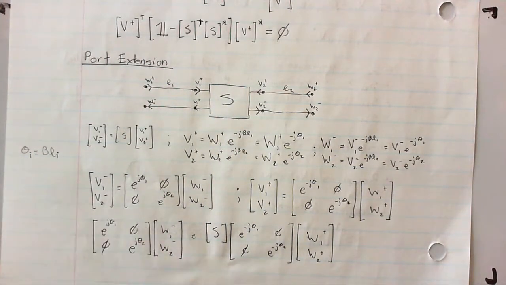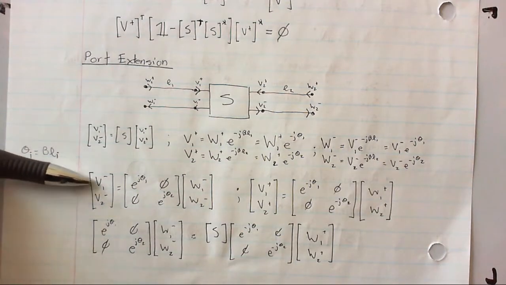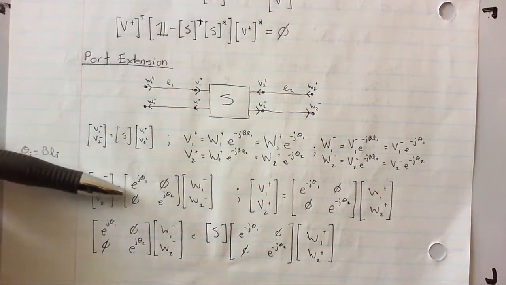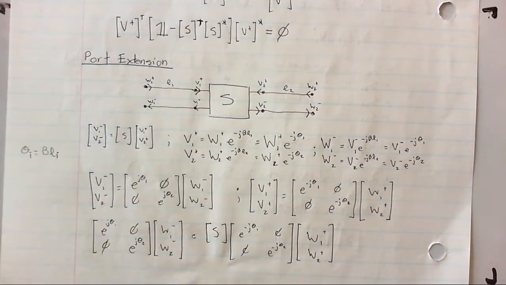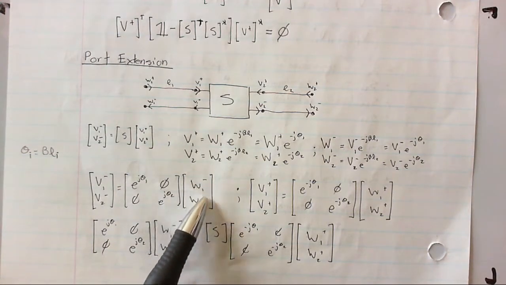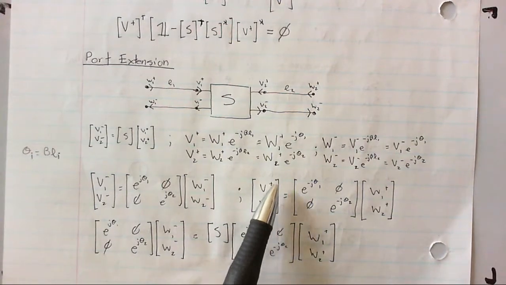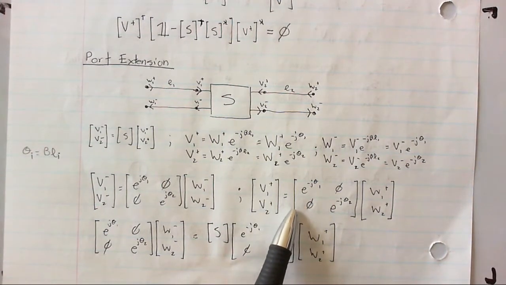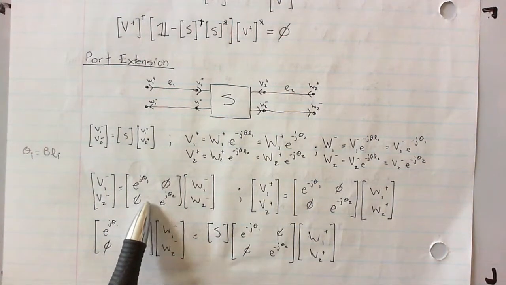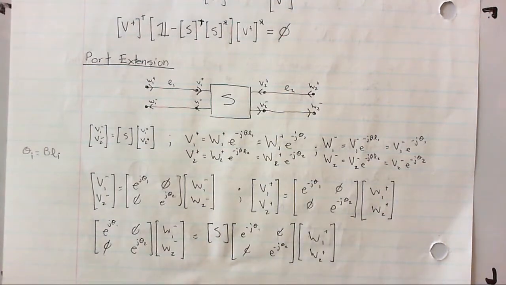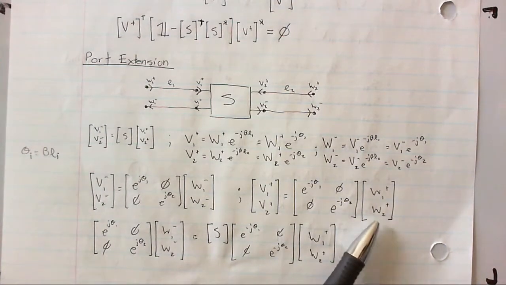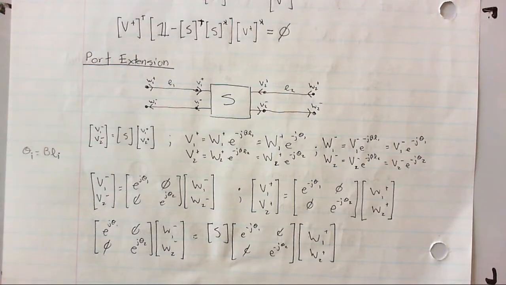So writing this down in matrix form by taking all of our equations here and condensing them, we get that V1 minus and V2 minus is equal to this matrix right here, which is just a diagonal matrix, times W1 minus and W2 minus. And in addition, V1 plus and V2 plus is equal to this matrix, which is almost the same as this, it's just got a minus sign in the exponentials, times the vector W1 plus and W2 plus.